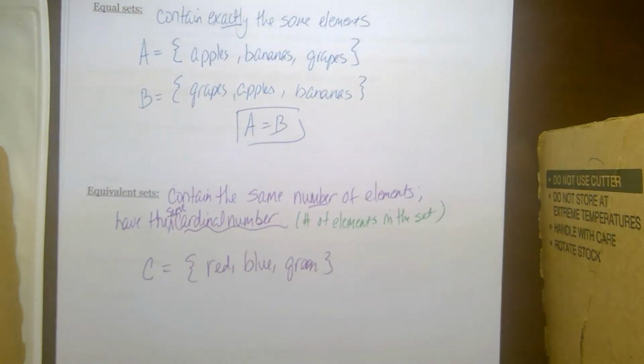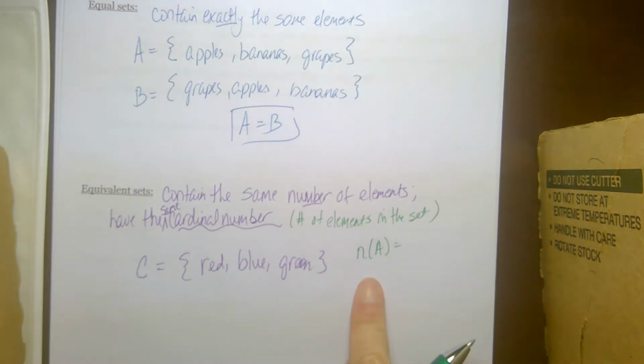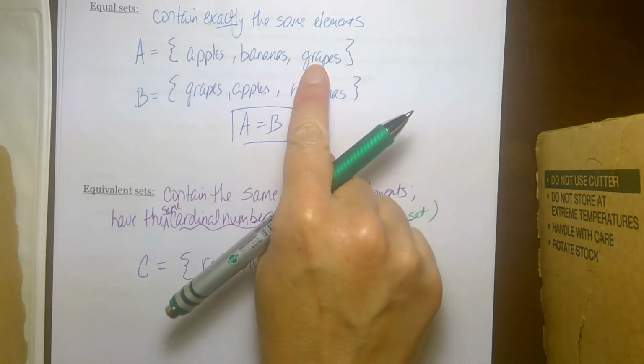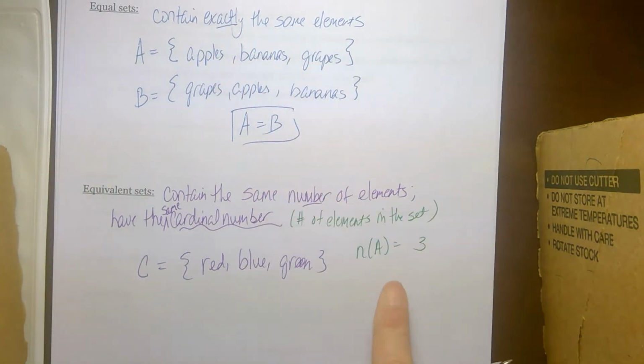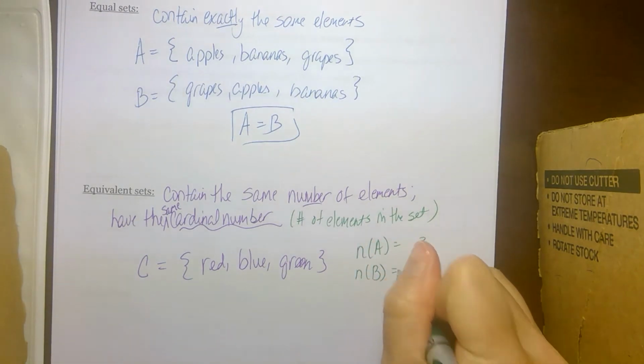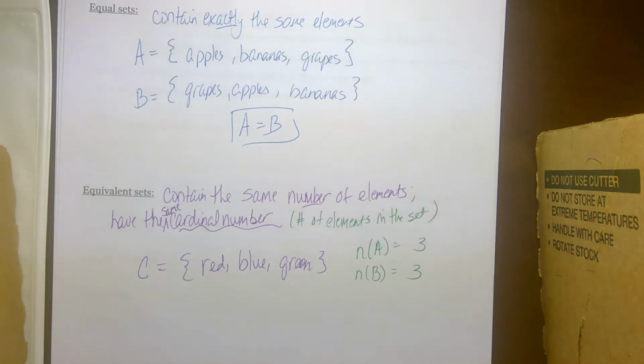When I show the cardinal number of a set, I do it by saying n of A. So lowercase n tells me I want the cardinal number of set A. How many elements are in set A? Well, set A has 1, 2, 3 elements. The cardinal number of set A is 3. What's the number of set B? Again, same 3 elements. So the cardinal number of set B is also 3.